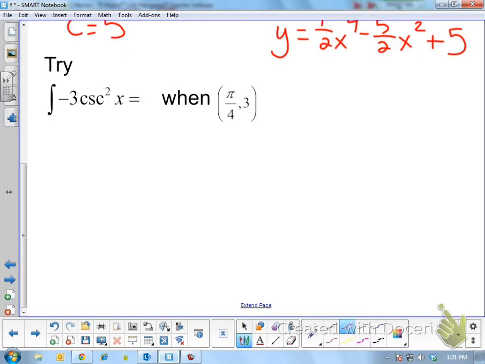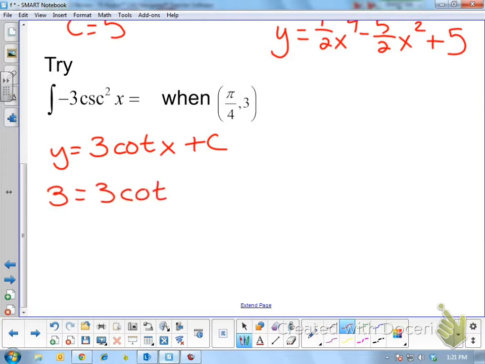So when we take the antiderivative, we should get positive 3 cotangent x, because the antiderivative is normally negative, but a negative times a negative is a positive, plus c. We plug in our values, we get 3 equals 3 cotangent of pi over 4 plus c, and then cotangent of pi over 4 is 1?